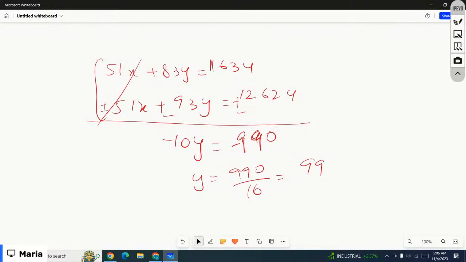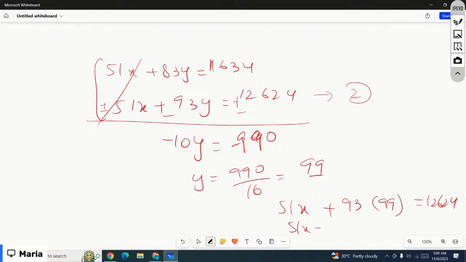Now you have to calculate the value of x. You can put y equals 99 in any equation. So let's put 99 in this equation. That would be 51x plus 93 times 99 equals 12,624. 93 times 99 is 9,207, so 51x plus 9,207 equals 12,624.